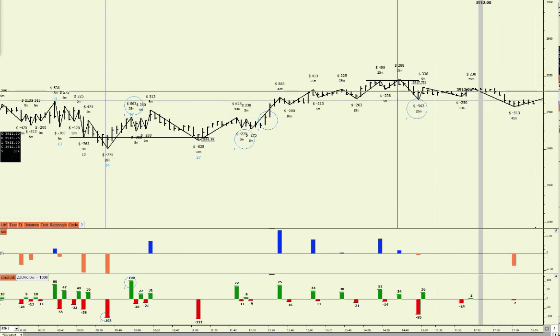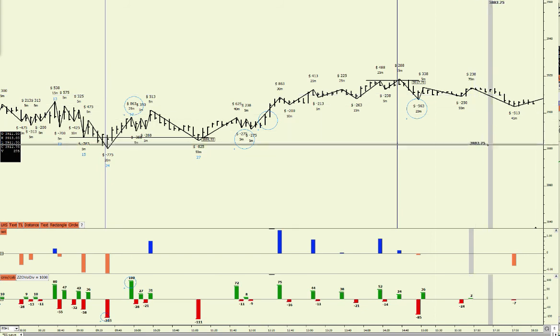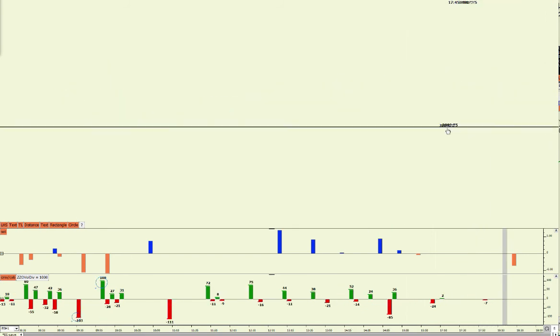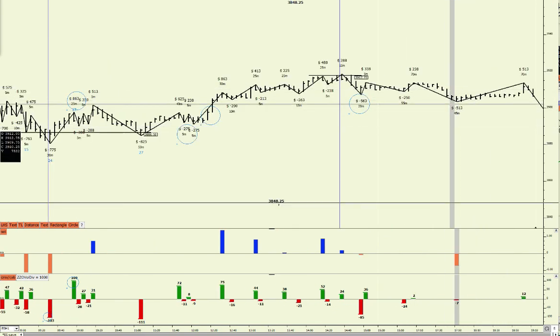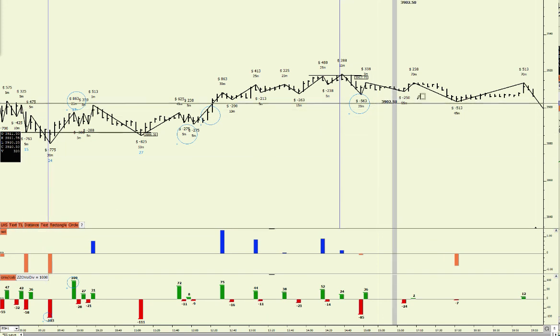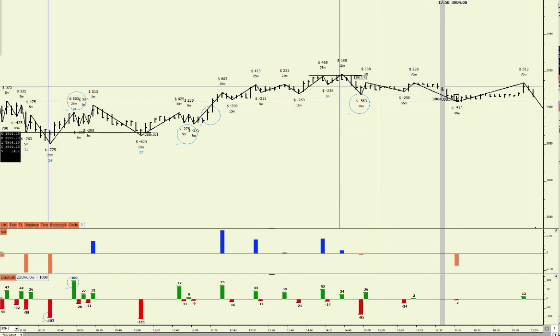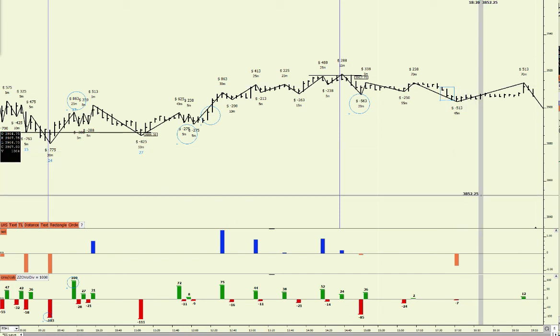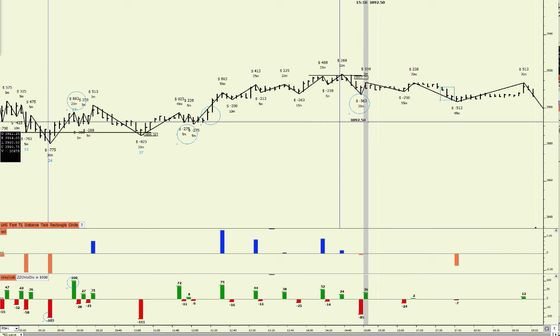Here, when the volume dips to a very low level, it's game over, and it goes down. When it goes down, that's your markdown bar right there. Bingo. What does that mean? It means the market is in markdown. That's what it means.